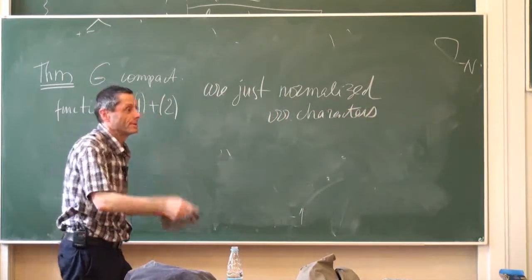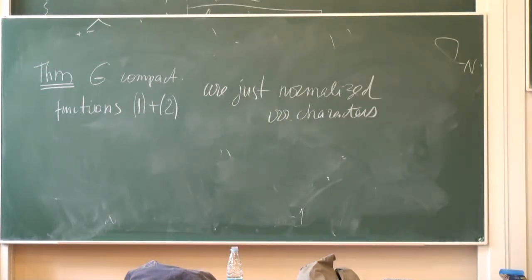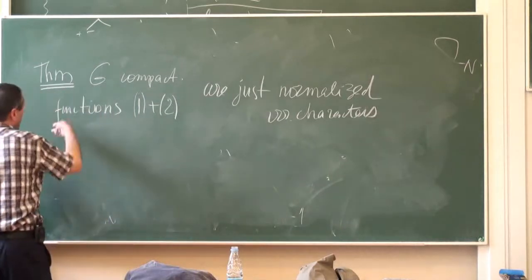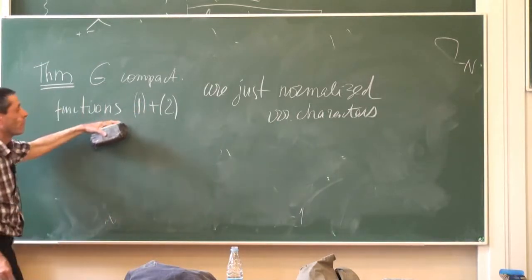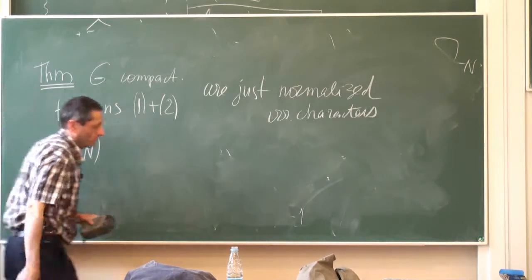So this replaces the notion of a multiplicative function on a commutative group in the case of a compact and possibly non-commutative group. In particular, this works well for the unitary group, which is a compact group.